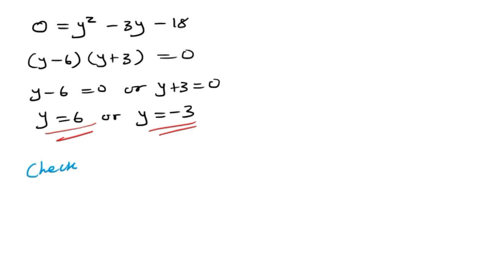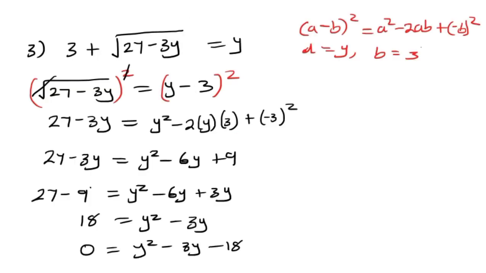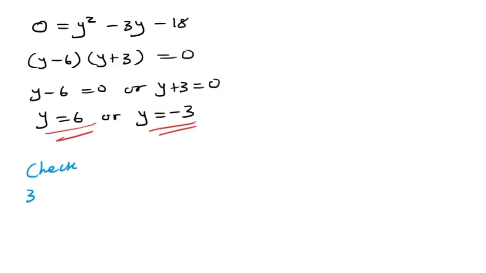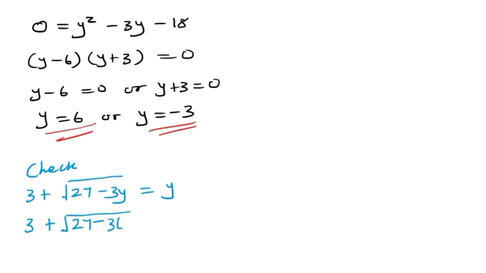So what was the radical equation given to us? We have 3 plus the square root of 27 minus 3y equals y. So we have to check. Here we have 3 plus the square root of 27 minus 3 times y, and the value of y is 6. So we are testing 6 first.